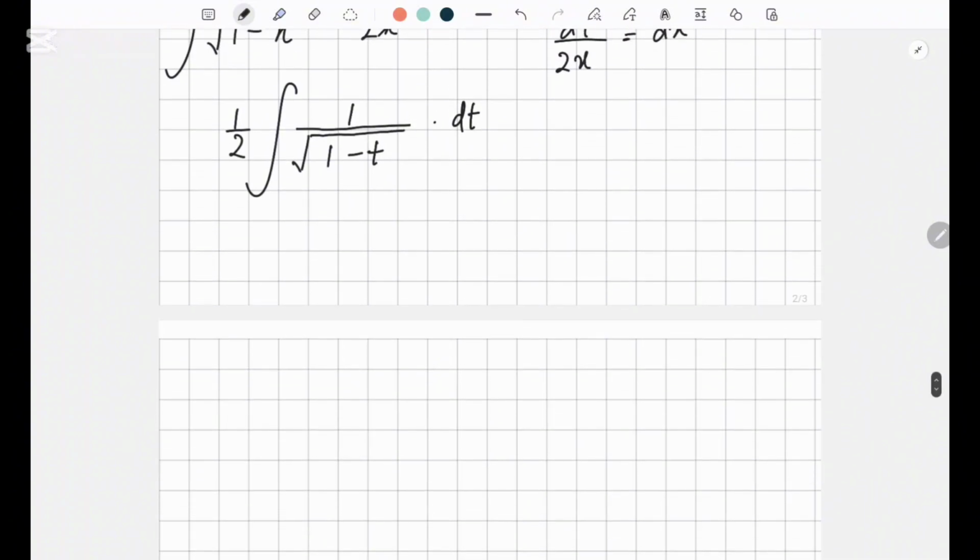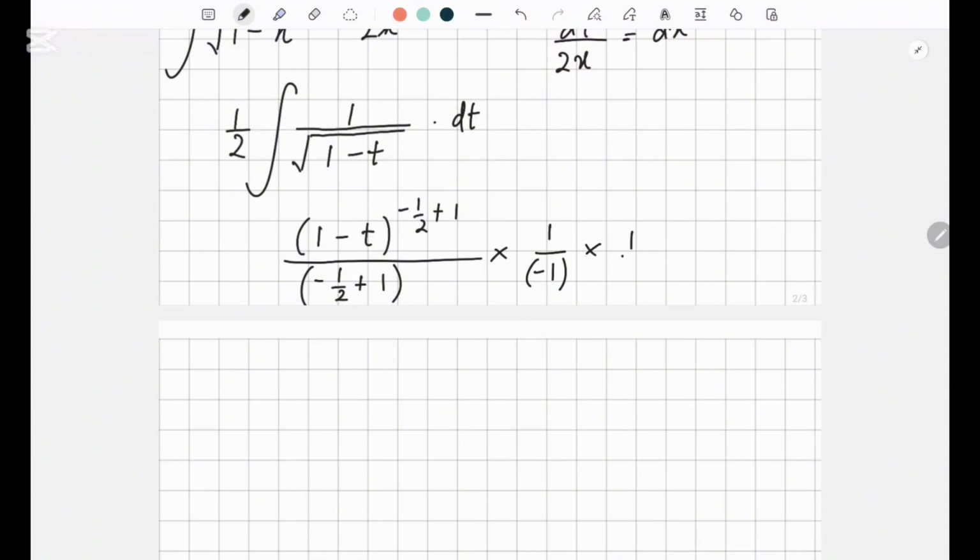So how do you integrate this? This is easy. We can write it as 1 minus t to the power minus half. So how do you integrate that? It's minus half plus 1 over minus half plus 1 into 1 over the coefficient of t. So it's minus 1 into half, because you got the half over there, right?